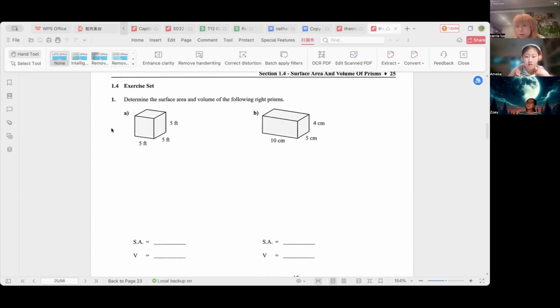So now this is more challenging. Okay, so Zoe and Amelia, you're going to calculate the surface area and volume at the same time. Okay, a lot of students sometimes they mess up. They miscalculate the surface area and volume at the same time. So they sometimes get messed up with the formula.